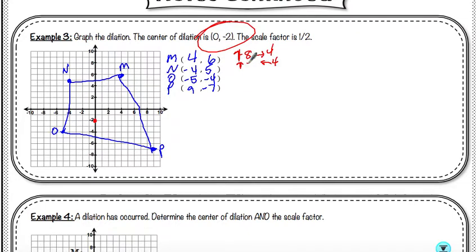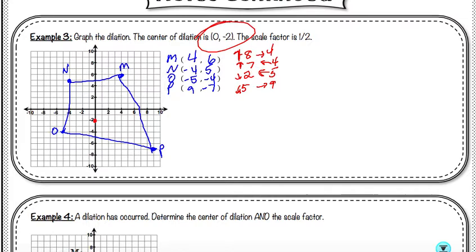Up 7 and left 4. To get to O, going down 2 and left 5. And to get to P, down 5 and right 9.